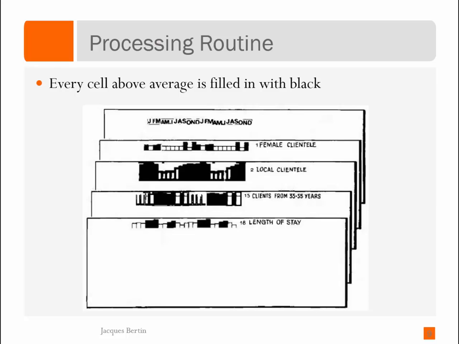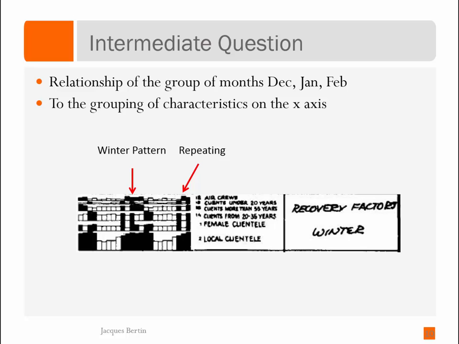Okay. Now from there, once we've applied that processing routine, we could sort, or first we could just look at what we see. Do we see any patterns in this particular data set?